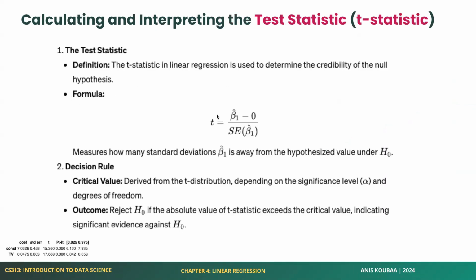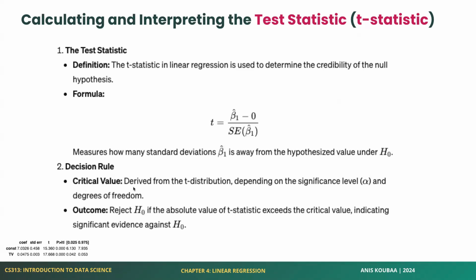So it is calculated as the estimated value of beta 1. And if you remember, the estimated value of beta 1 was 0.0475 minus 0, and we divide by the standard error of beta 1. And this measures how many standard deviations beta 1 is away from the hypothesis value under H0.